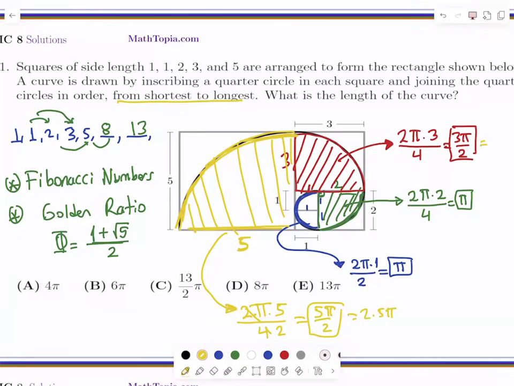This guy is what? 1.5 pi, which adds up to 4 pi. So everything adds up to what now? Let's get all of them. This guy, this guy, this guy, this guy add up to 6 pi. What do you think?